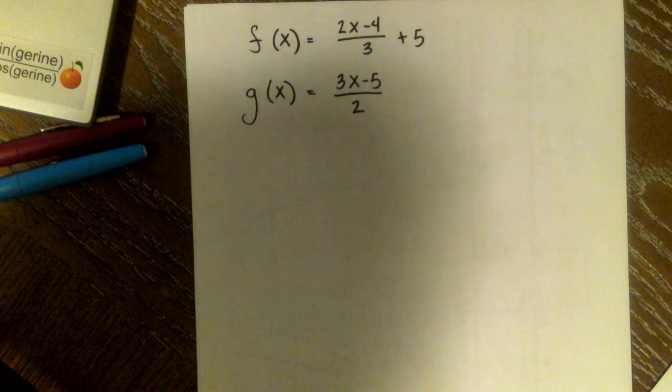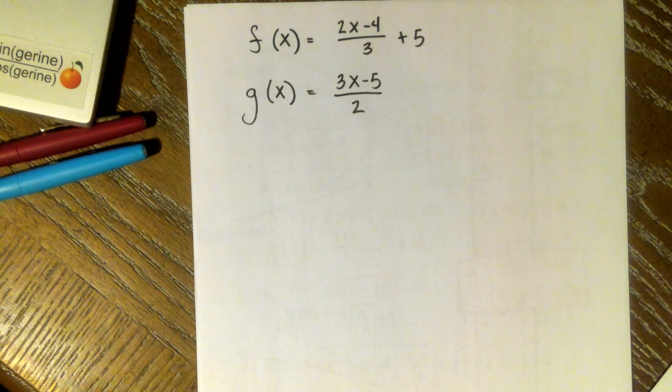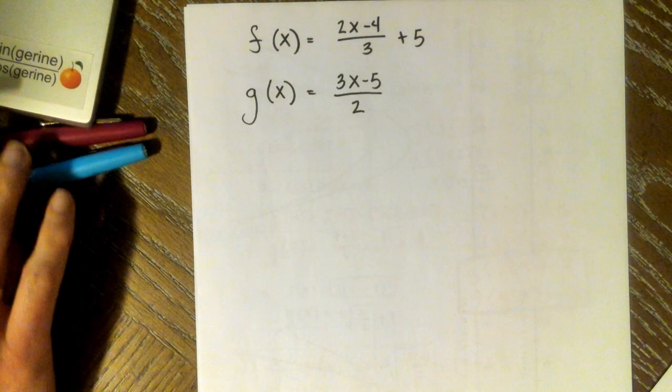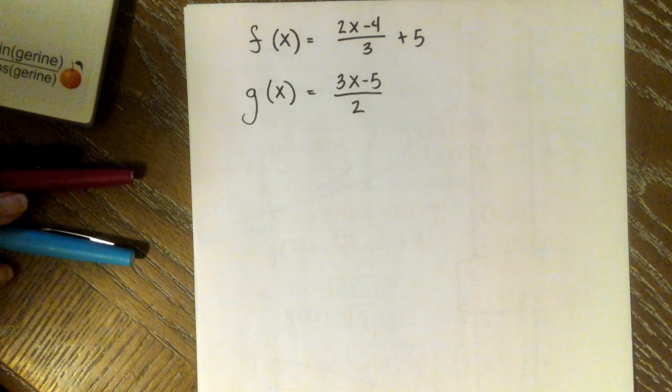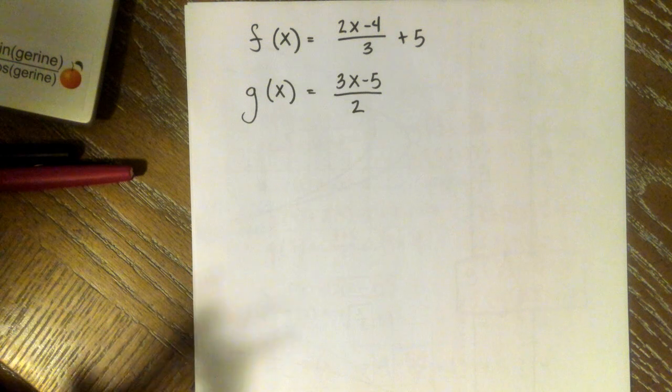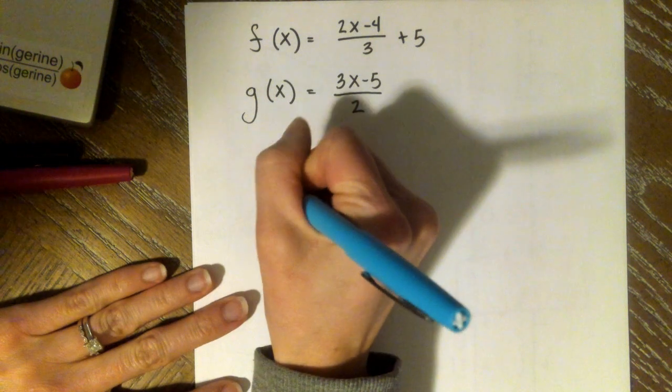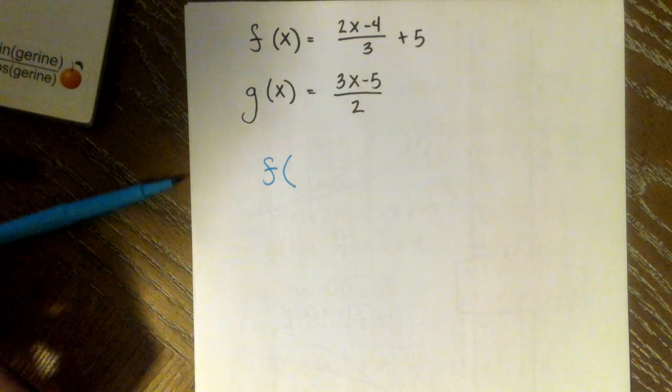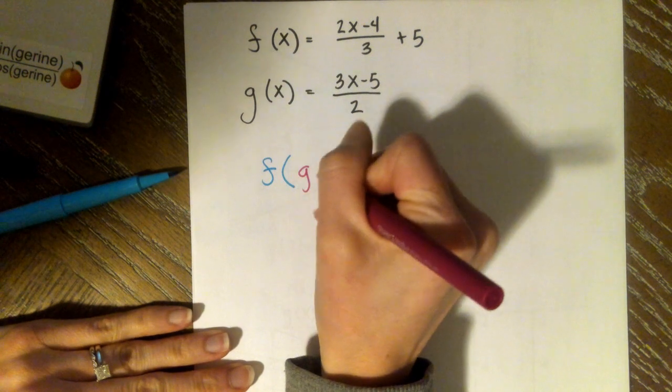Okay, so here are ones that you are going to see if you can verify are these inverses. Okay? So I'm going to do it the opposite way. f of, I'm going to color code again.